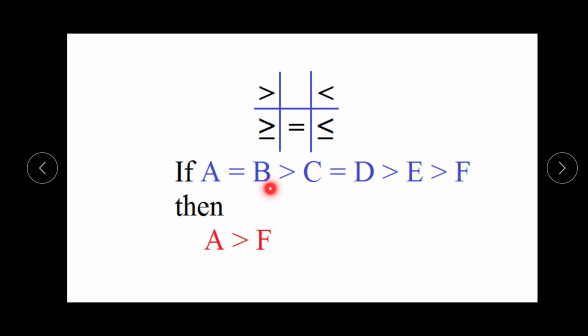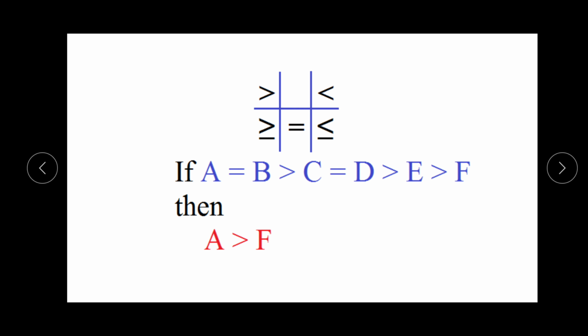It means A is equal to B, B is greater than C, C is equal to D, D is greater than E, and E is greater than F. If we are finding the relation between A and F, A is greater than F. If we see the relation between D and F, D is greater than F. For the relation between C and D, there is an equal sign, so we will not use C is greater than D. Here we will say that C is equal to D only.